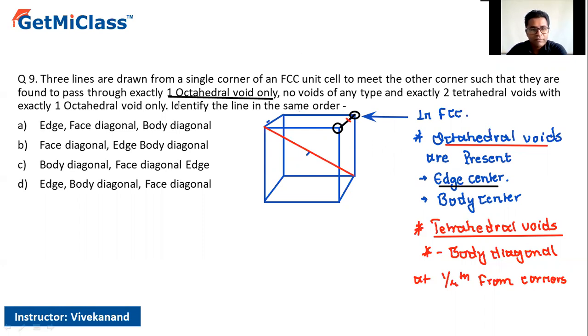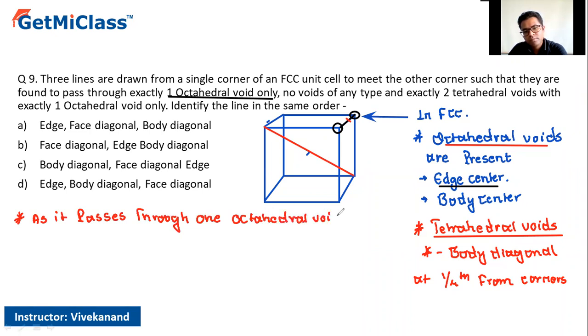So therefore our first point, as it passes through one octahedral void, thus it should be the edge diagonal, or you can say just an edge line.